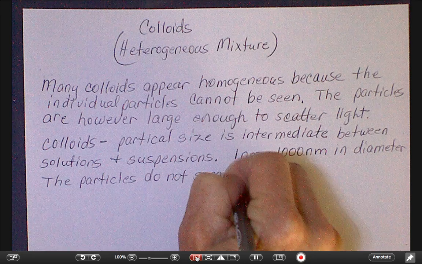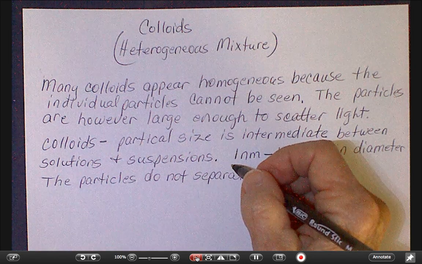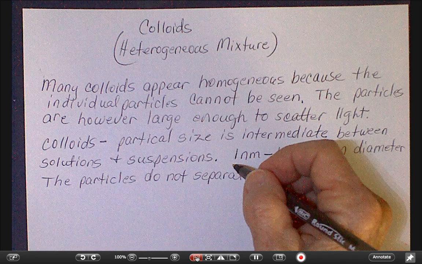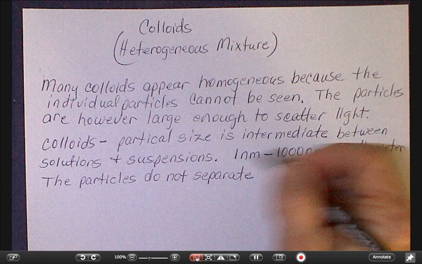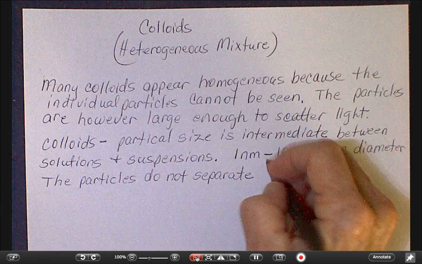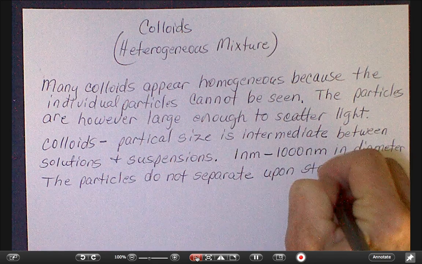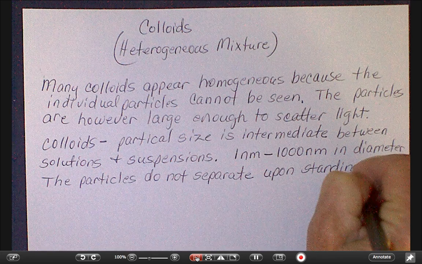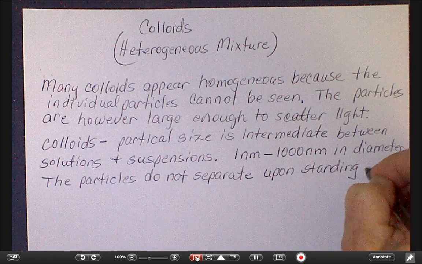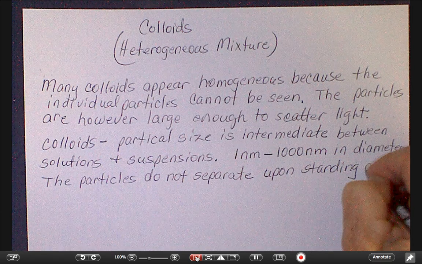If you can't answer my questions from yesterday, what does that mean? You're not there yet. The particles do not separate upon standing, and cannot be separated by filtration. So both those properties are like solutions, aren't they?